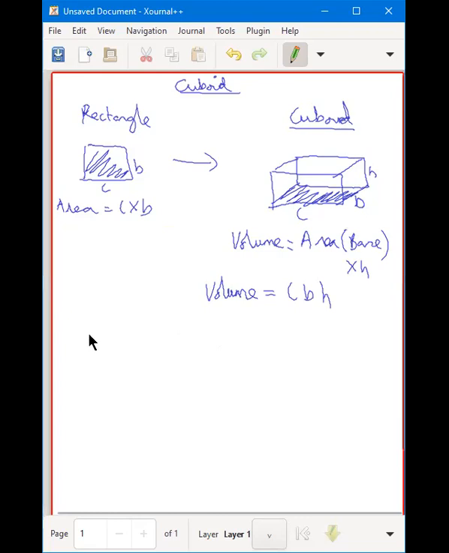Okay. Now looking at the total surface area. Like when we did the cube, we saw that a cube has 6 faces. So there will be 6 faces over here also.